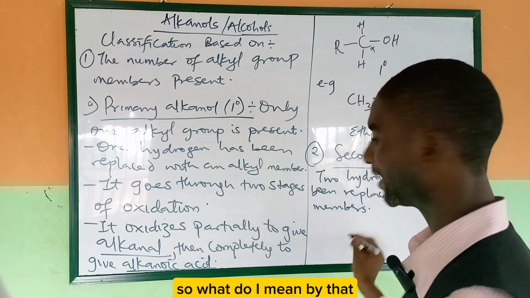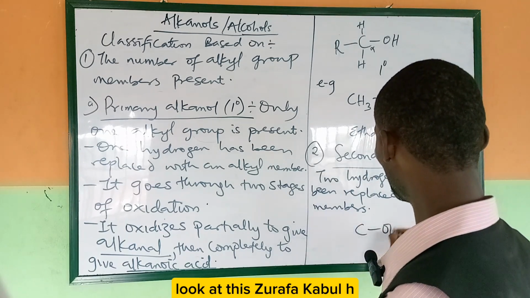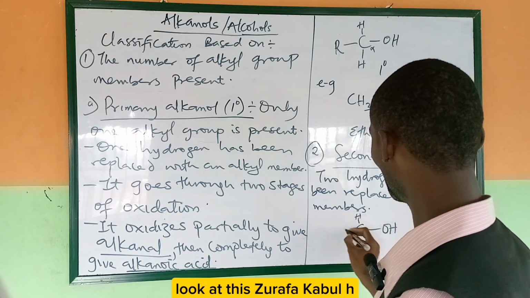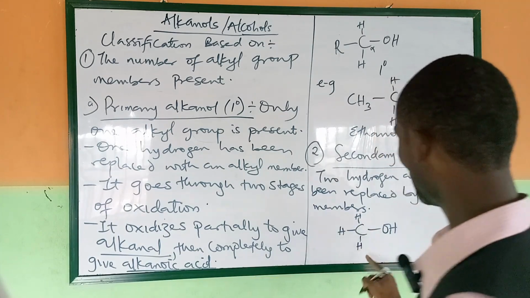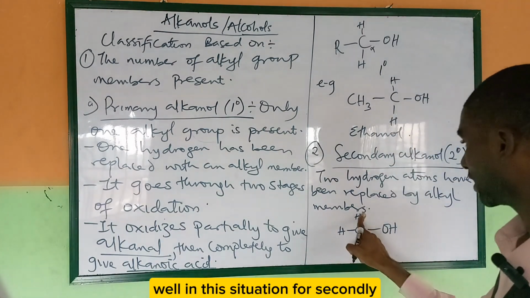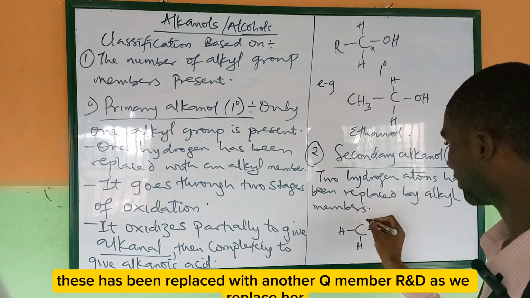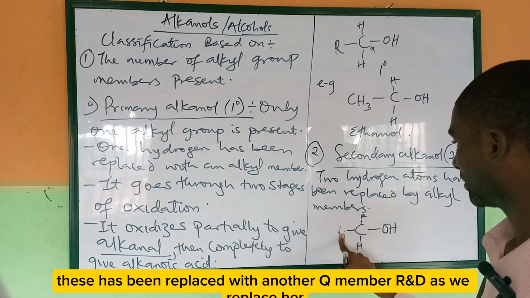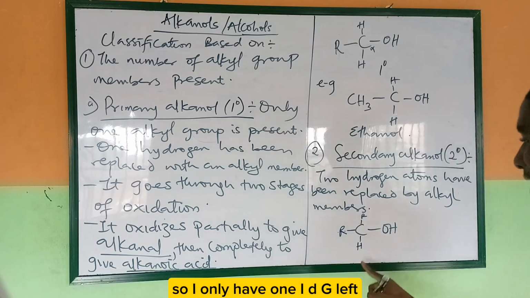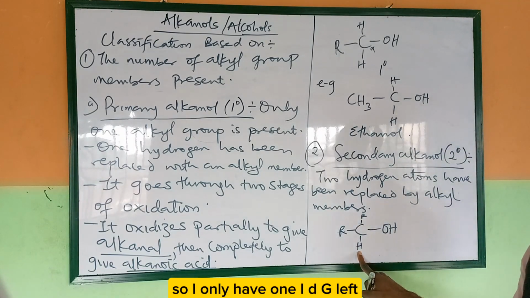What do I mean by that? Look at this. This is your alpha carbon, H. But in this situation for secondary, this has been replaced with an alkyl member, R, and this has been replaced, R. So I only have one hydrogen left.